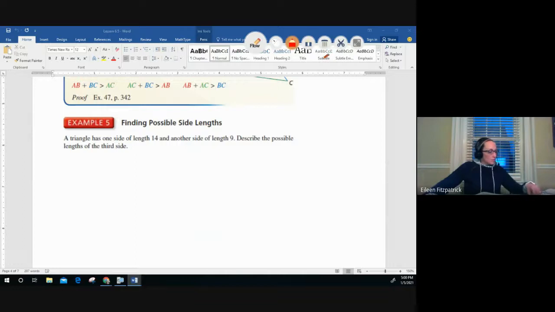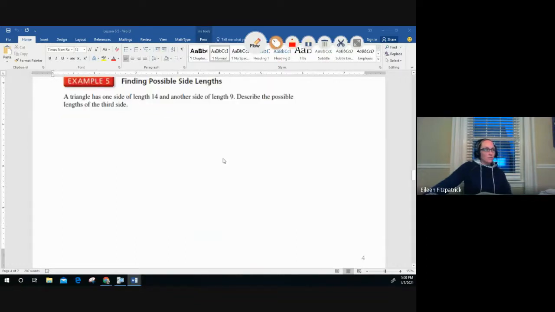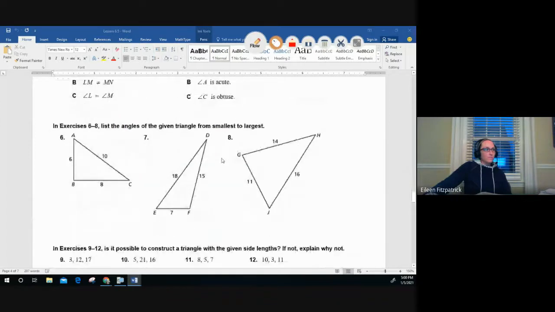All right, I think I just want to show a few quick examples on the extra practice, just a few more examples for you to go off of. Number 6, you're given the 3 side lengths. You're asked to list the angles from smallest to largest. So find the shortest side. I'm going to label it with an S, the longest side, and the middle side. The shortest side is across from the smallest angle. So the measurement of angle C is the smallest.